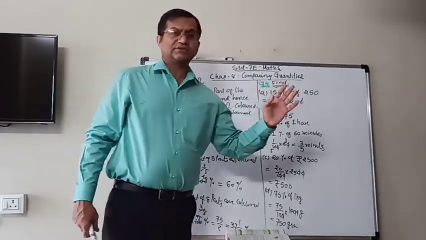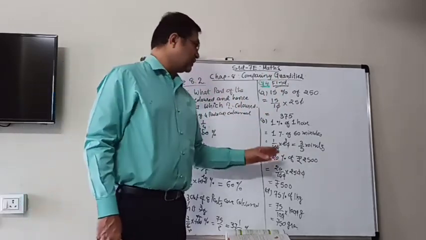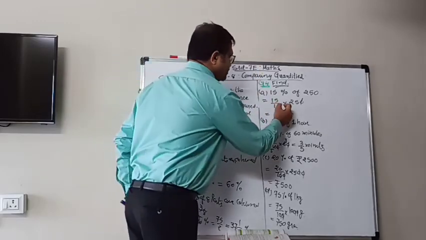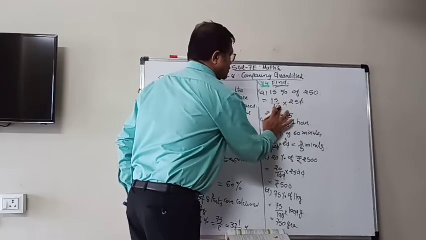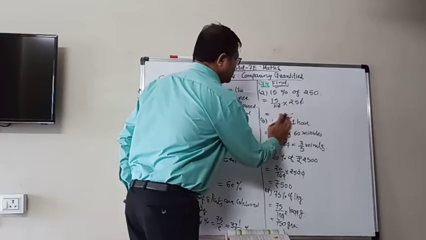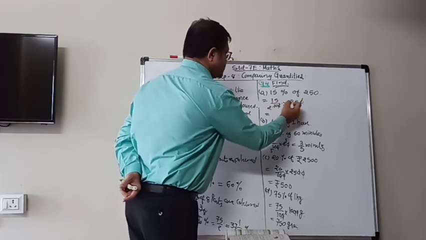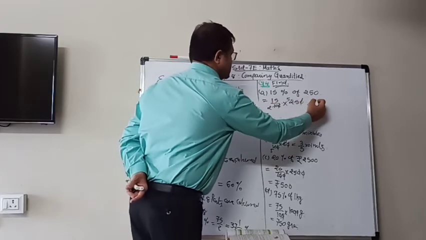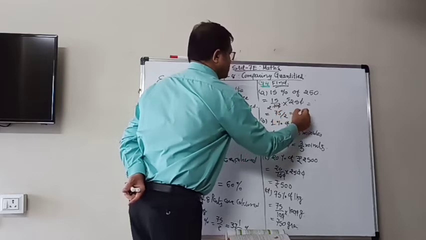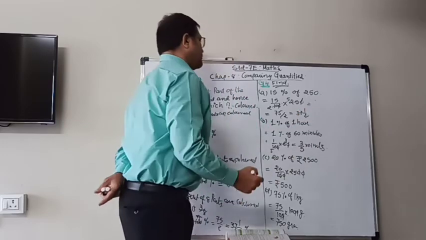So when percentage and of are given, we have to write down like that, upon 100. Here we make a mistake, 15 upon 100 into 250. So only one zero is getting cancelled, and then 5 2s are 10, 5 5s are 25, is equal to 75 upon 2 or 37 integer 1 by 2.